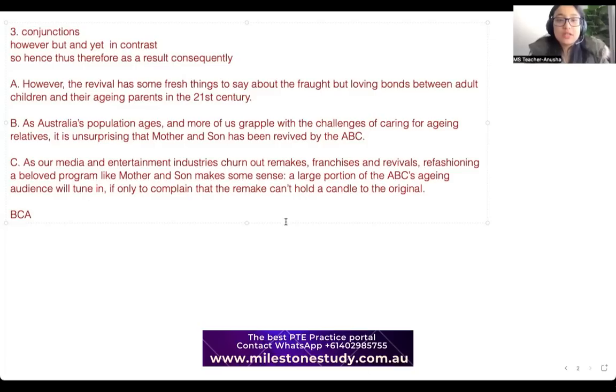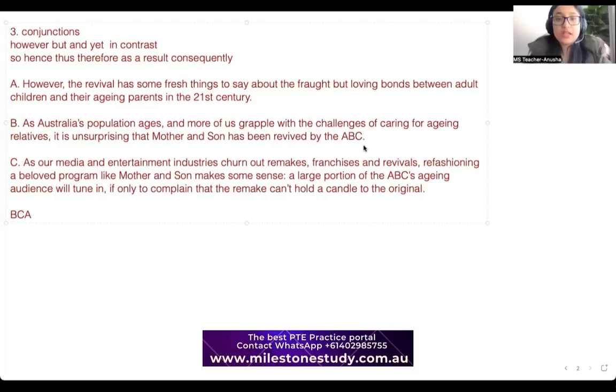So this is a TV program, Mother and Son, because see, if M is capital and S is capital, obviously it's the name of something. Otherwise, you don't capitalize mother and son. Like Australia is capitalized because it's the name of a country. So Mother and Son is capitalized because it's the name of a movie or a series, okay? And ABC is also the name of a media house.